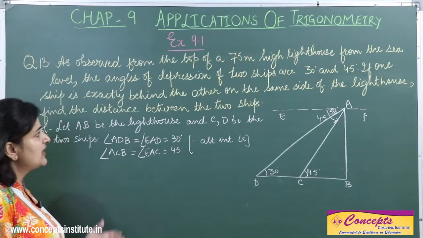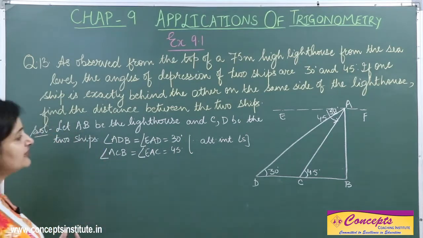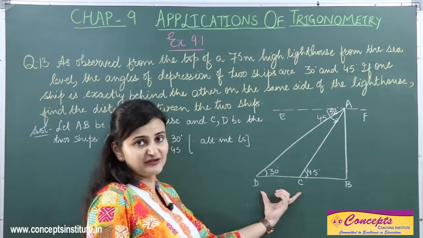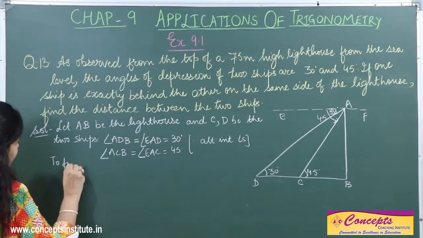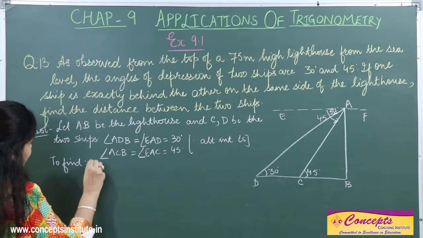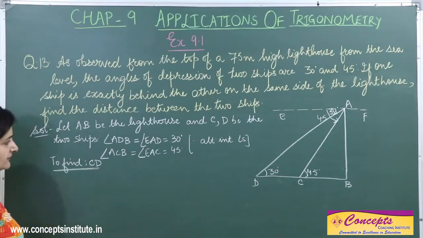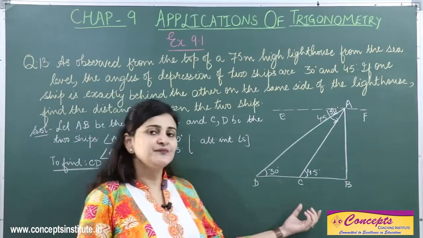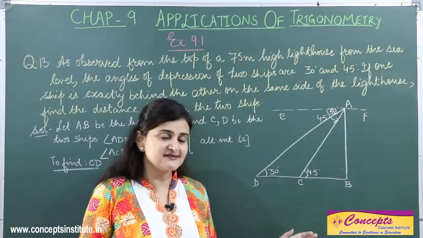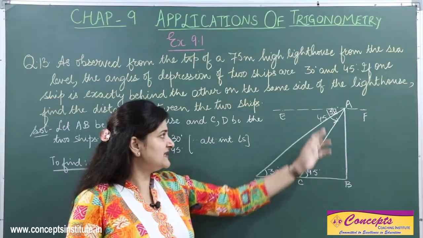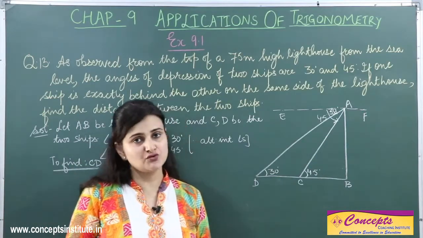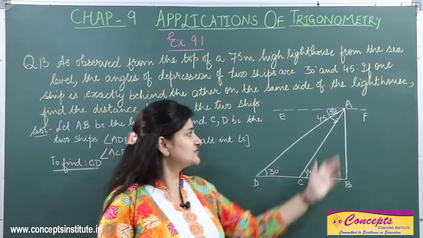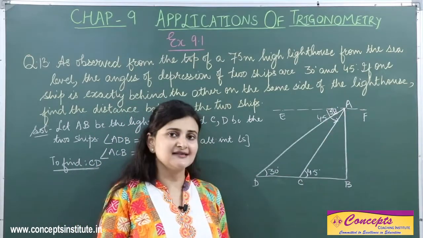Right? Now what are we supposed to find out? We are supposed to find out the distance between the two ships. That means we have to find CD. Right students? Now we have two right triangles. Which ones? Triangle ABC and triangle ABD. And what is the common link between these two triangles? The common link is the lighthouse, that is AB.